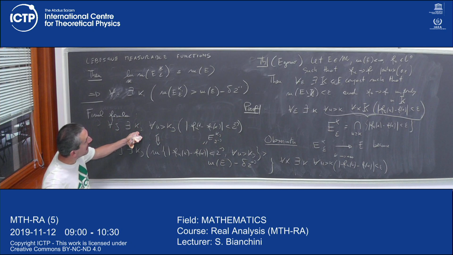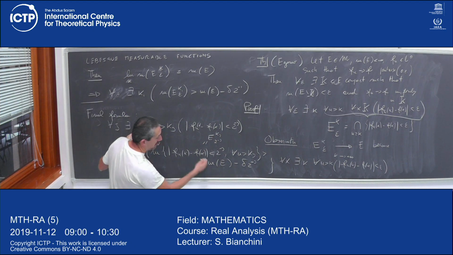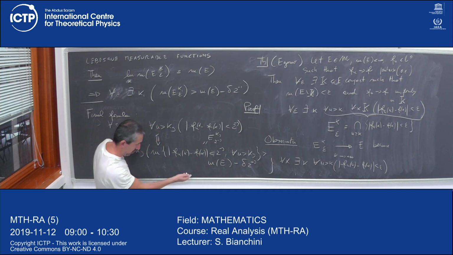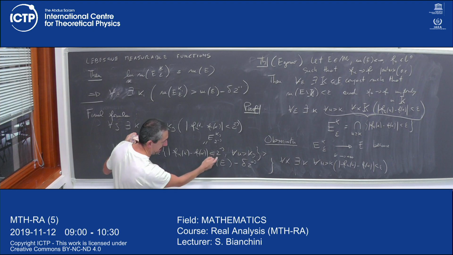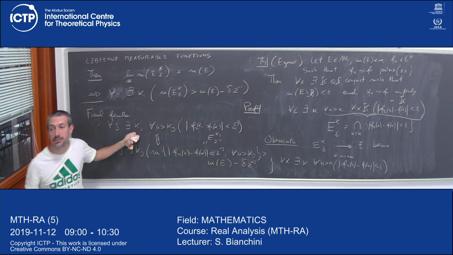I want to choose k sufficiently large in order to be sure that the set where, from some index onward, the distance is less than my quantity, has measure which is the measure of almost all the set minus something small.